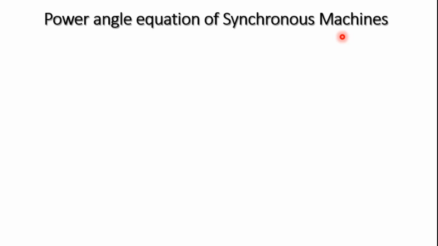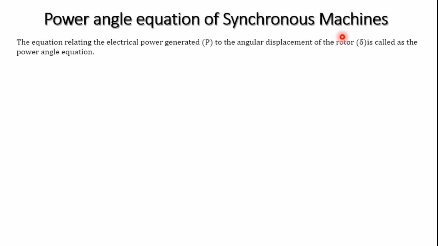Based on the rotor construction, there are two types of synchronous machine. The first one is the salient pole machine. The salient pole machine has a number of projecting poles carrying the field coils. Hence the air gap is not uniform along the rotor periphery.